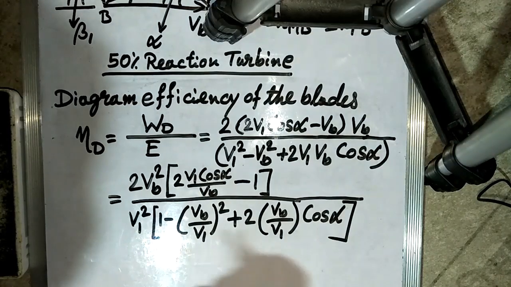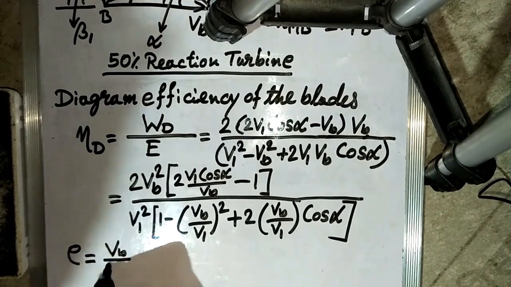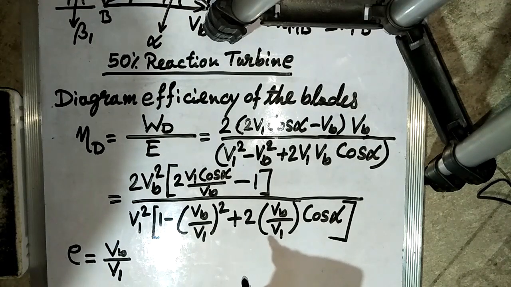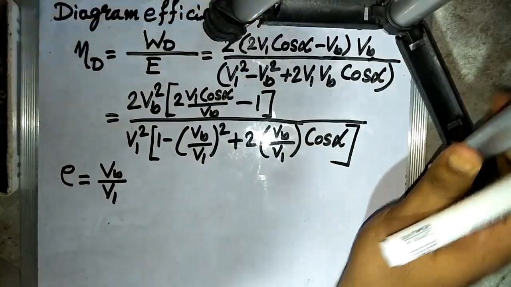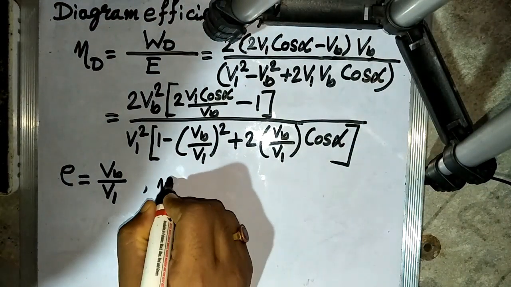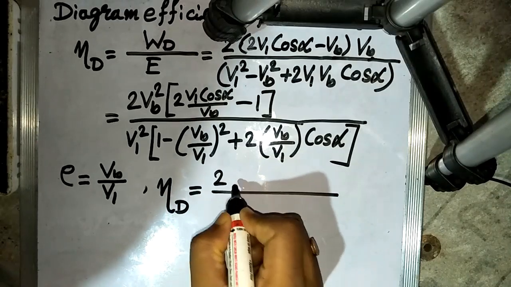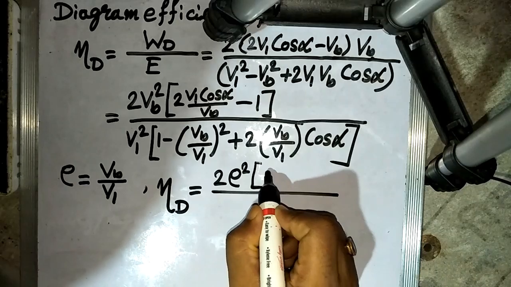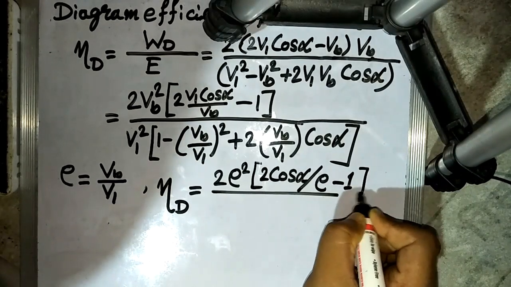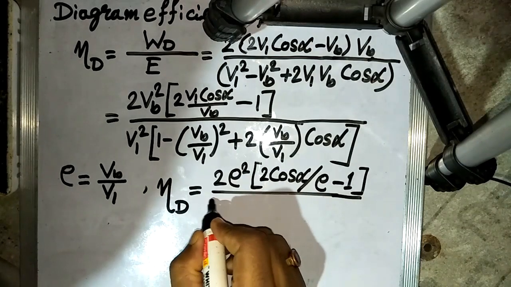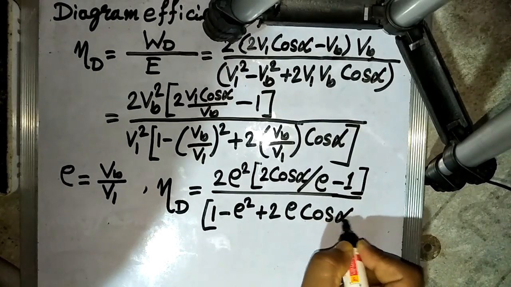Now if we substitute the velocity ratio rho equal to VB by V1, where rho is the velocity ratio, into the diagram efficiency expression, we get eta d, the diagram efficiency, equal to 2 into rho square into (2 cos alpha by rho minus 1), by (1 minus rho square plus 2 into rho cos alpha).